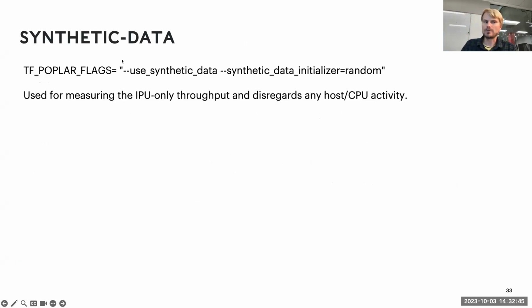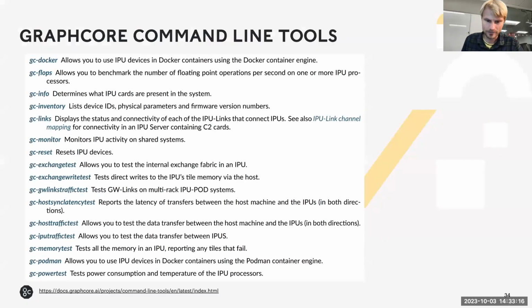And there is an option for TensorFlow to use synthetic data, meaning the data will be generated on the IPU, so you can benchmark the execution without any host activity. So there is no I/O, no data preparation on the host, purely the engine running on the accelerator device. This is helpful to see if the host is a bottleneck for the execution.